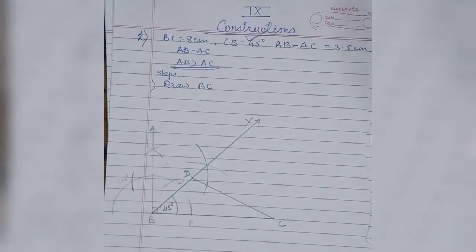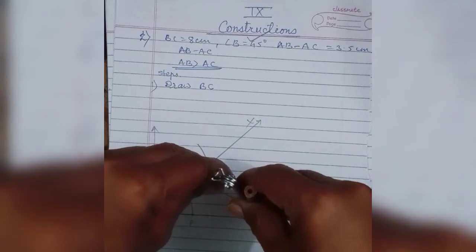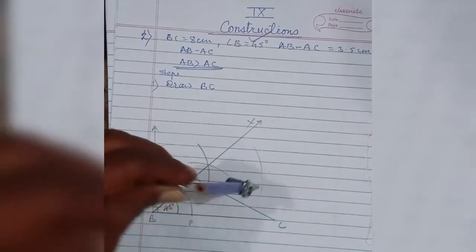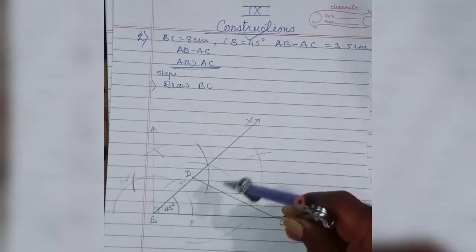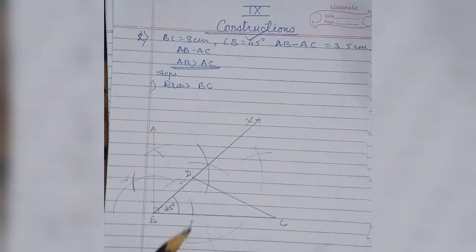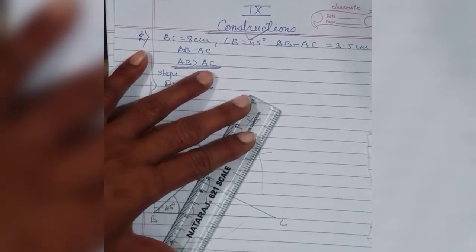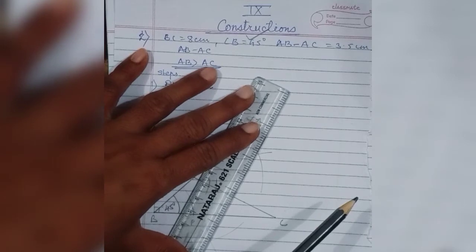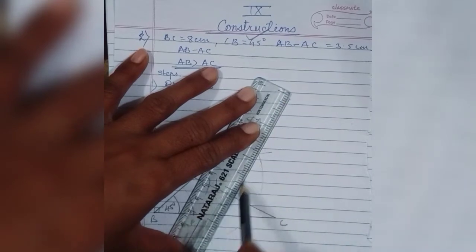Okay, now bisect this DC by taking distance more than half of DC. Draw the arc to both sides of DC. Like this. Join this. Okay.